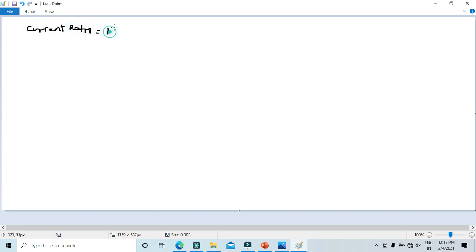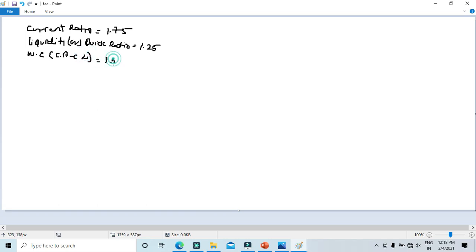So here what you are supposed to do is just substitute. First of all, working capital has been given as how much? 1,50,000. So current assets minus current liabilities will be 1,50,000, right?